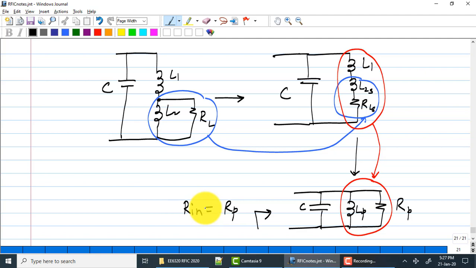Can you please think and suggest a way based on what we know? There are 3 degrees of freedom, correct? C, L1 and L2. So we should be able to set the overall Q, the frequency and the impedance transformation ratio.